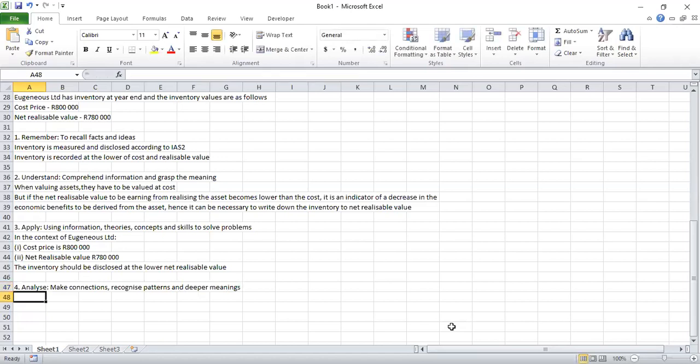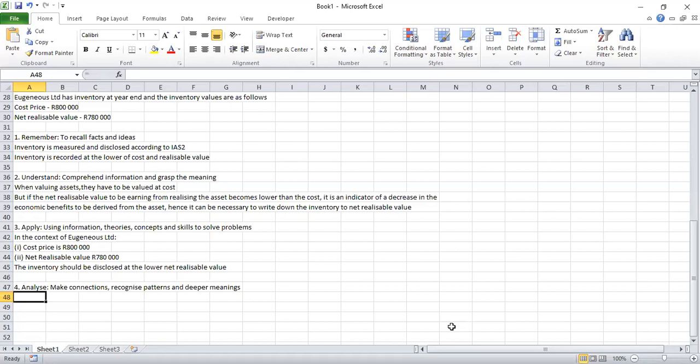Now you can say, okay, what is the method that has been used to allocate the cost price when determining that 800,000? For example, manufacturing overheads, how have they been allocated to the various products?